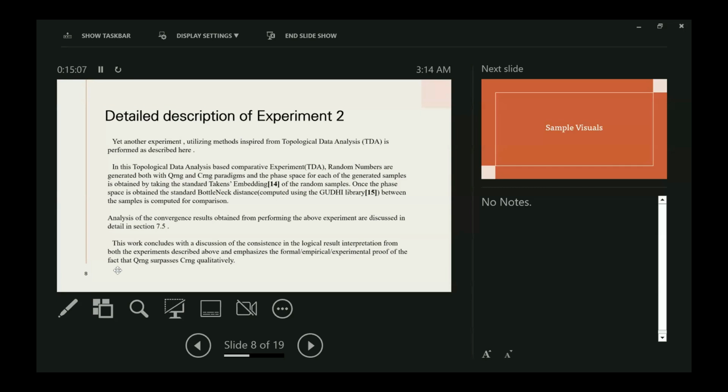I'll show it again, also pictorially. And once that Takens embedding is obtained, then comes the bottleneck distance, again a standard statistical methodology.